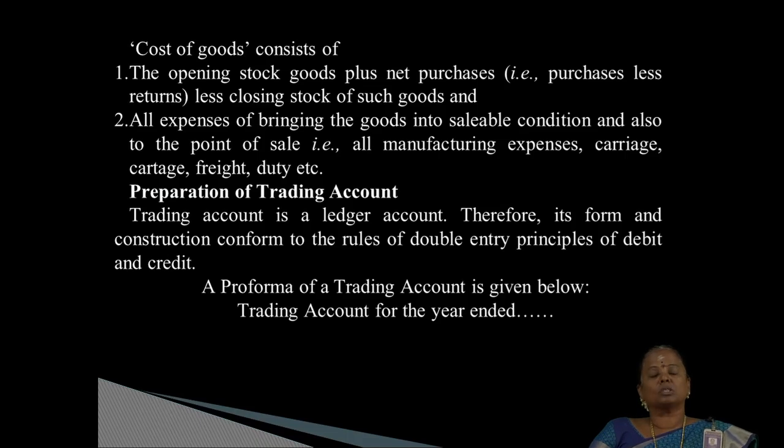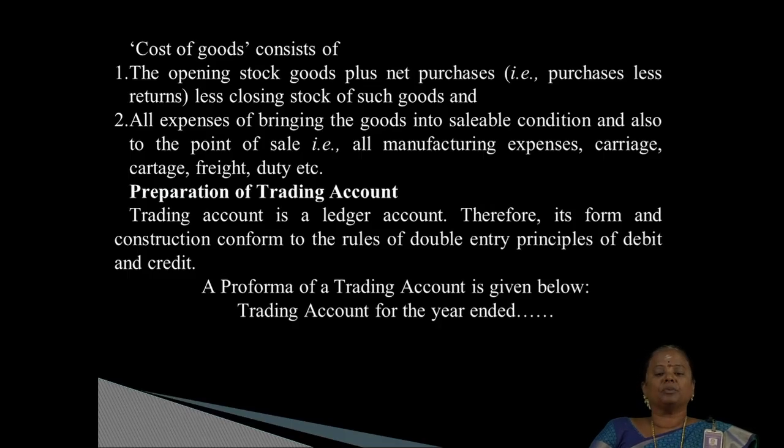The cost of goods sold can be found by adding to the opening stock the purchases and the direct expenses, that is, manufacturing expenses, carriage inward, freight, duty, etc., and deducting it from the sales, we obtain the cost of goods sold.